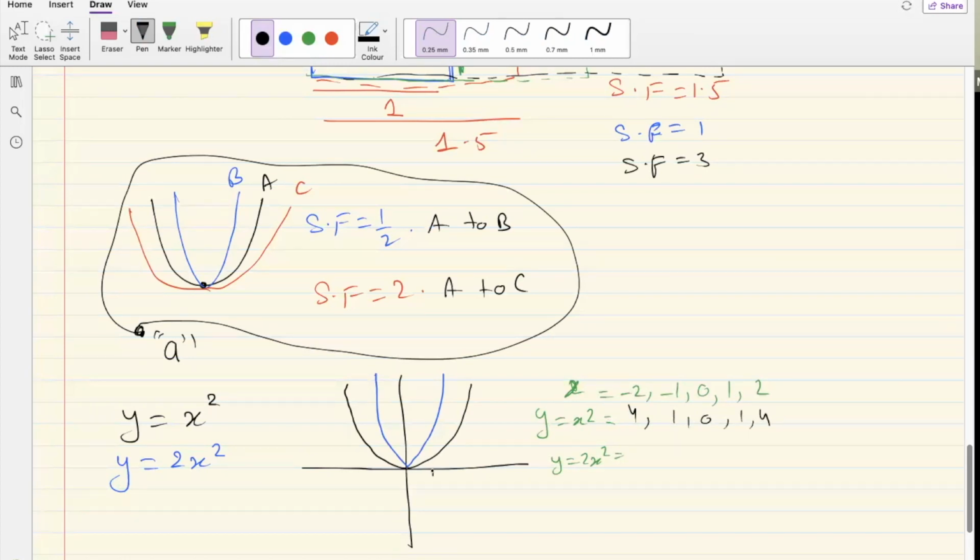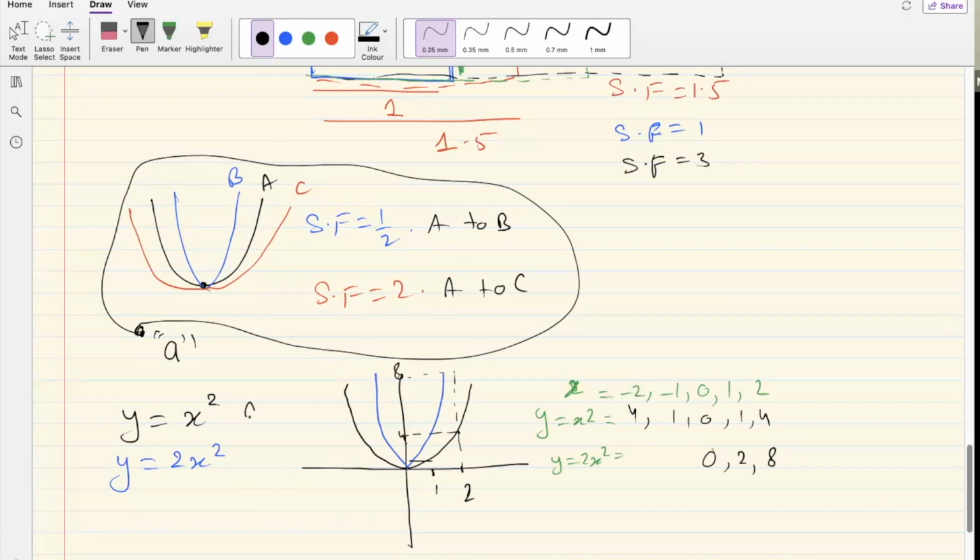If I plot this, at 1 it is 1, at 2 it is 4. But for 2x squared, at 0 it is 0, at 1 it is 2, and at 2 it is 8. For the same values, 2 squared is 4, 2 times 4 is 8. This was 4, but now the new value is 8. So that is how it squeezes in.